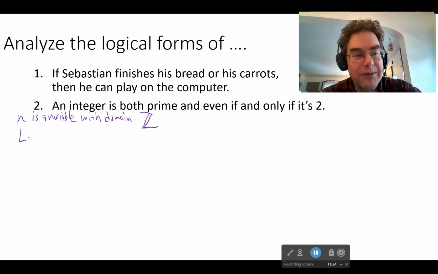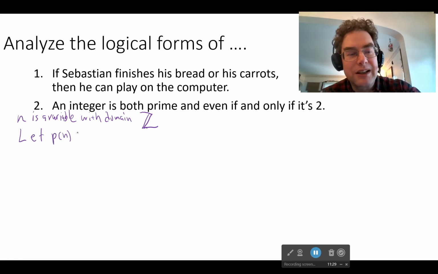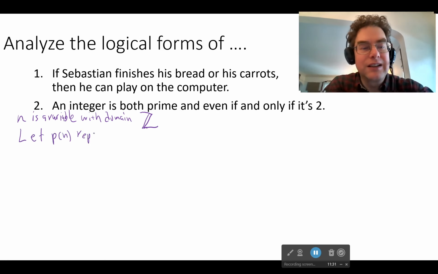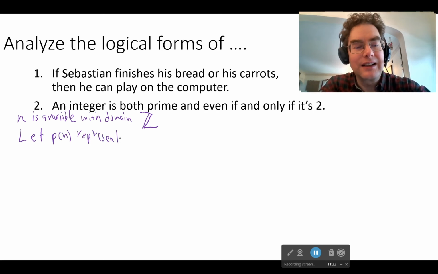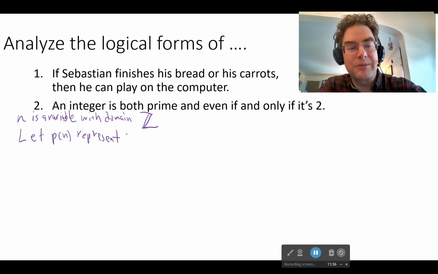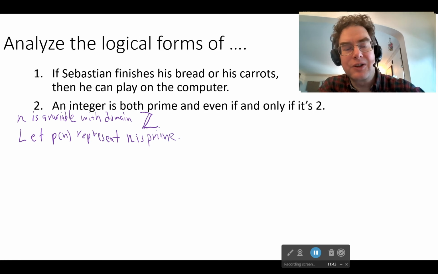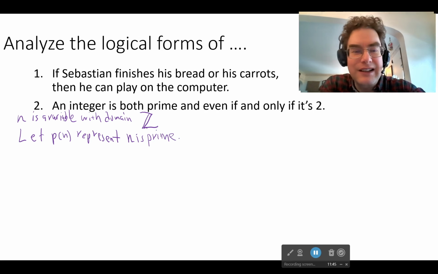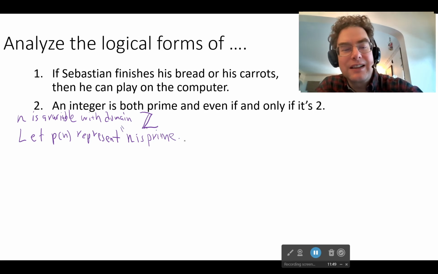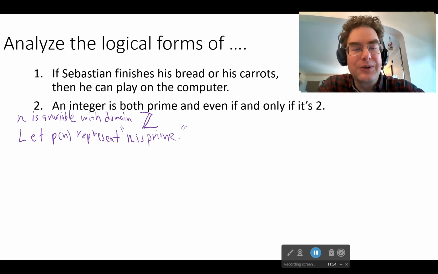So let's let p of n represent n is prime. Now we've got a clear assertion, even though it's not a statement, because n has not been bound here, but it is a convenient and sensible way to reframe that simple sentence.